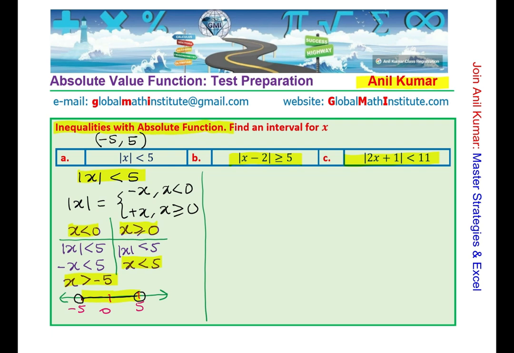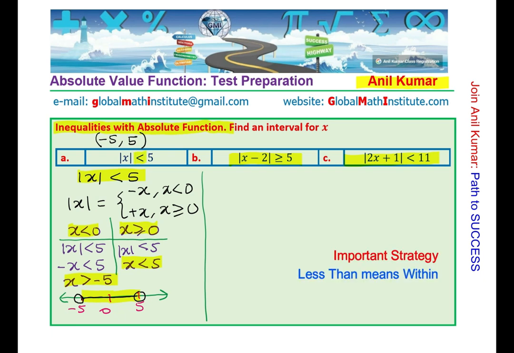So, I'll take part C first. It looks more difficult. The only reason why I'm taking that is I'll be working on less than, right? So, you see, in part C, the question here is absolute value of 2x plus 1 is less than 11. Now, whenever we talk about absolute value, less than means within, right?